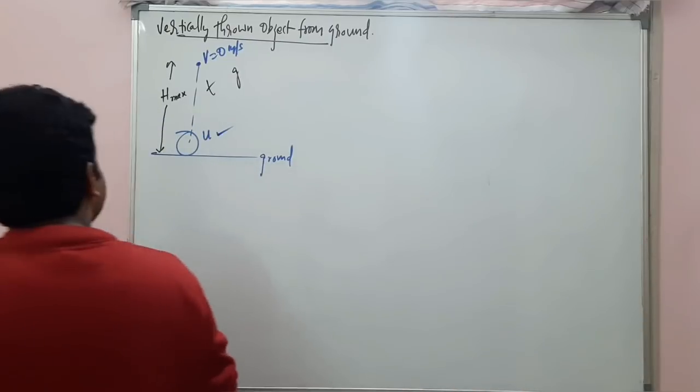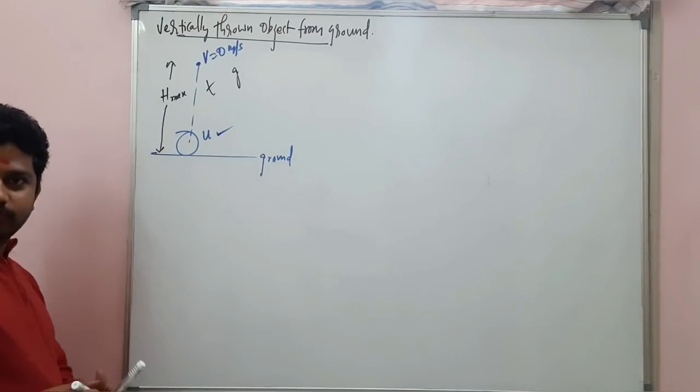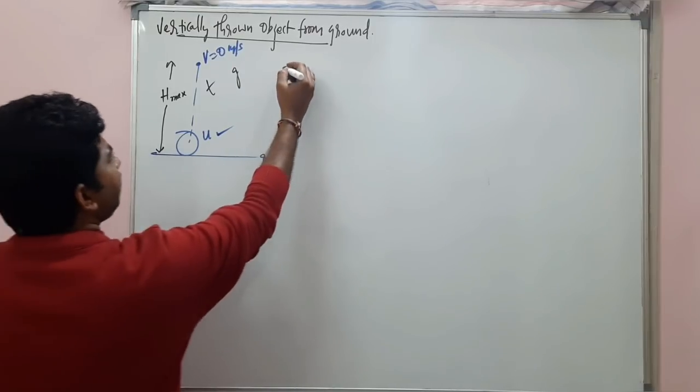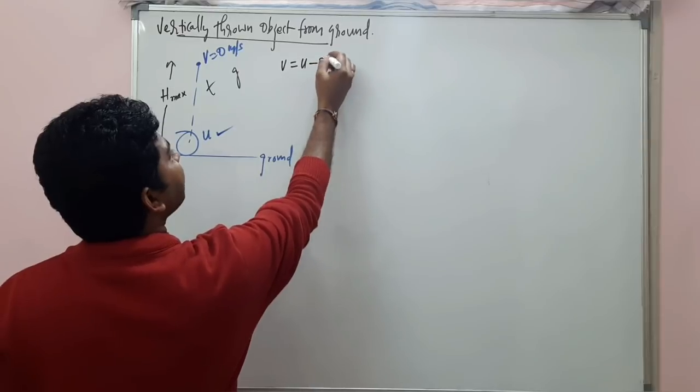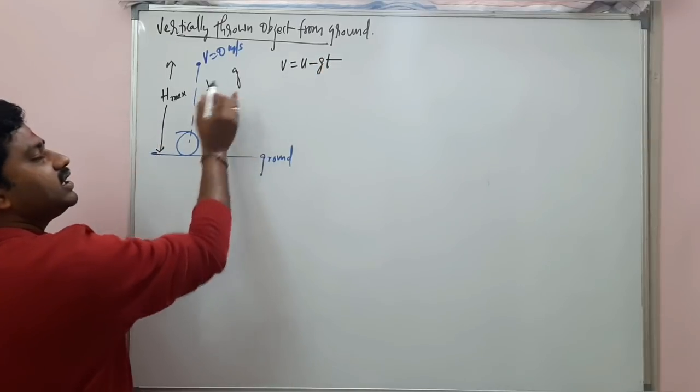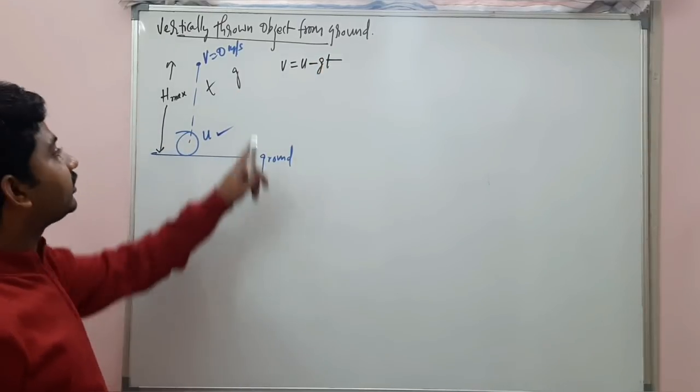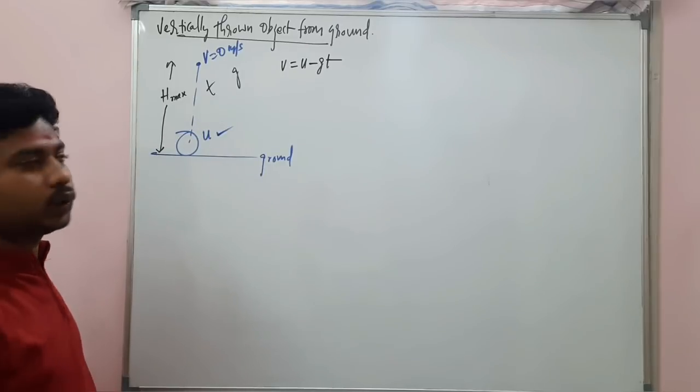Now, let us take the equations of motion here also. We have equations of motion. V is equal to u minus gt, because plus g in case of freely falling, it's minus g in case of vertically thrown.